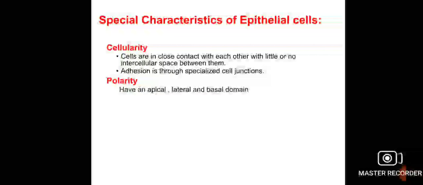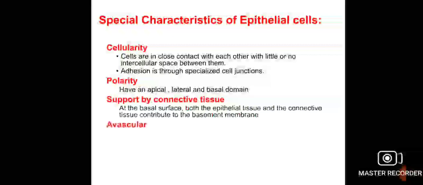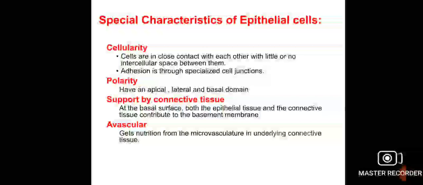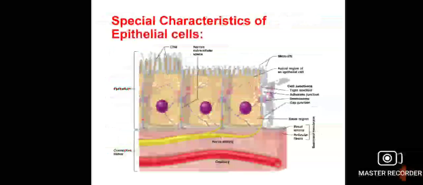They have an apical surface, the lateral surfaces, and the basal domains, and are supported by underlying connective tissue. The epithelium is basically avascular, and it gets its nutrition from the blood vessels present in the underlying connective tissue. And the epithelial cells have regenerative capacity through mitosis.